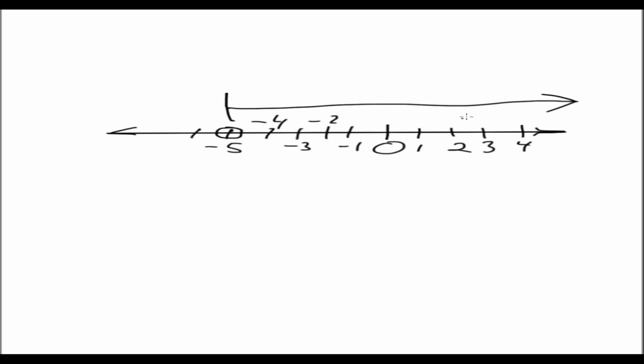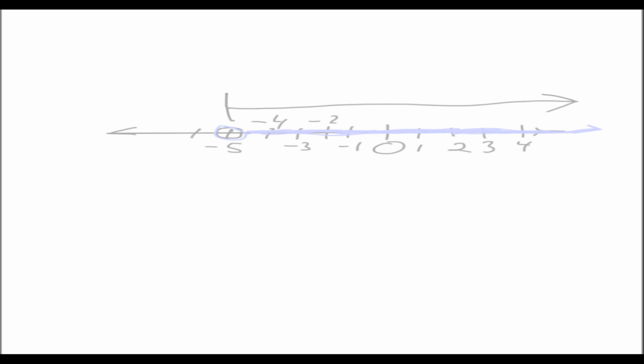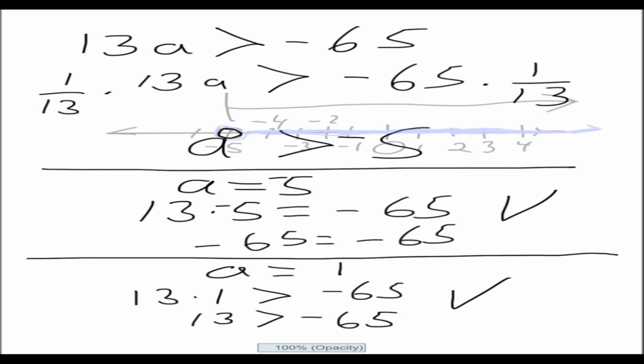Now again, I also could have come in with a different colored pencil, written it here, put it in like that, or I could have used my original color and just kind of marked it up in this way. Okay, so this is the solution to our problem of 13a is greater than -65.